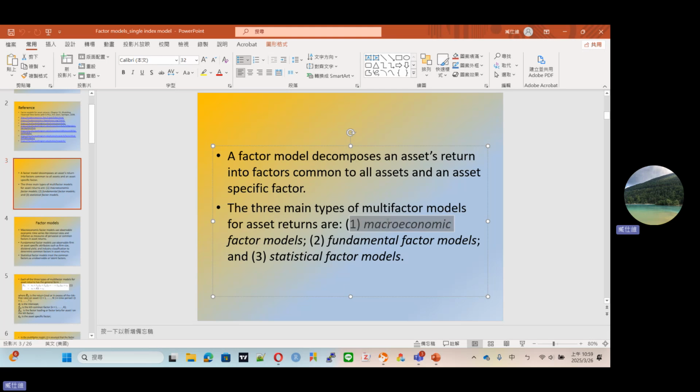Let's just focus on the first one, macroeconomic factor models. But not just index models, we also have many indicators based on the macroeconomy, for example the growth of GDP, economic growth rate, unemployment rate, inflation rate. All these factors can be included in the model.